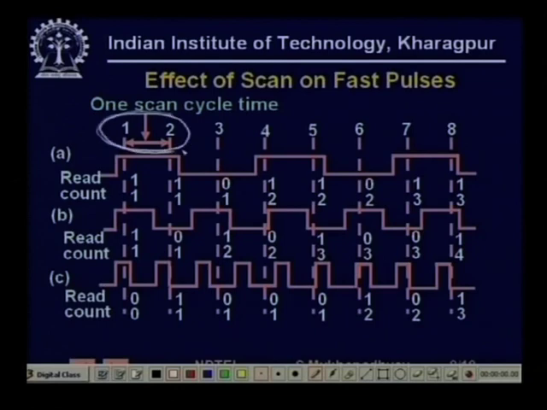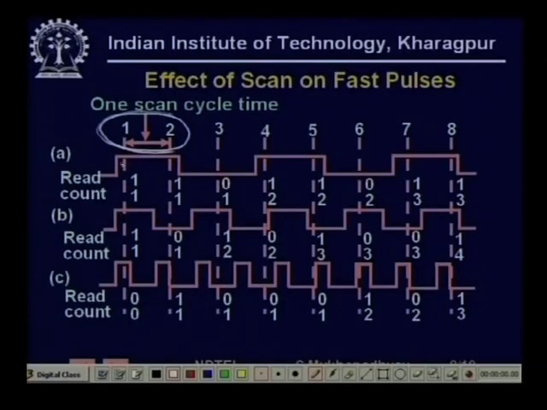If we have to count the number of pulses which are arriving on a pulse train, typically such pulses come from shaft angle encoders. If we have to count them using the PLC itself, then if the pulse trains are slow enough, that is the pulse width is sufficient, then for this width of the pulse train all the level changes will be sensed.